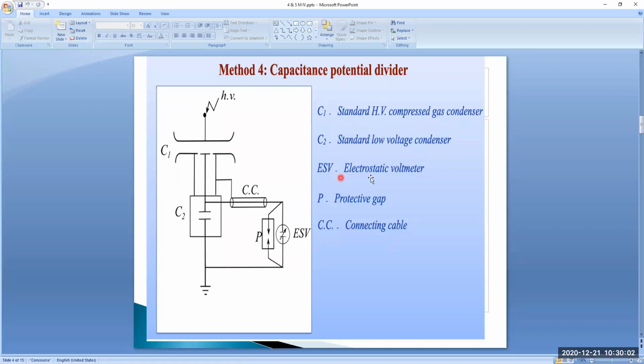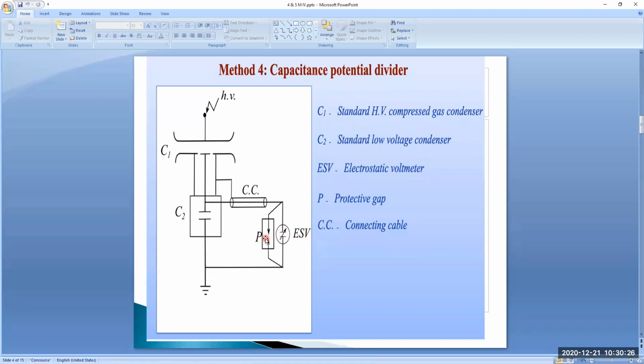That is a basic voltmeter, but from our high voltage point of view, this electrostatic voltmeter is different, and in later classes I will explain it. By using the electrostatic voltmeter, very high voltages can be measured.